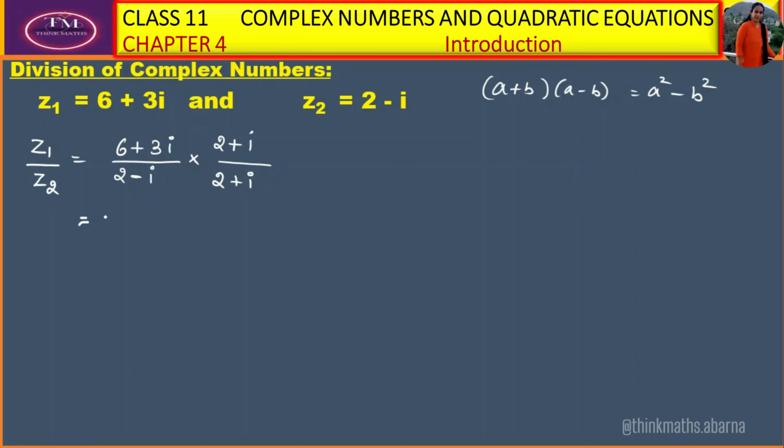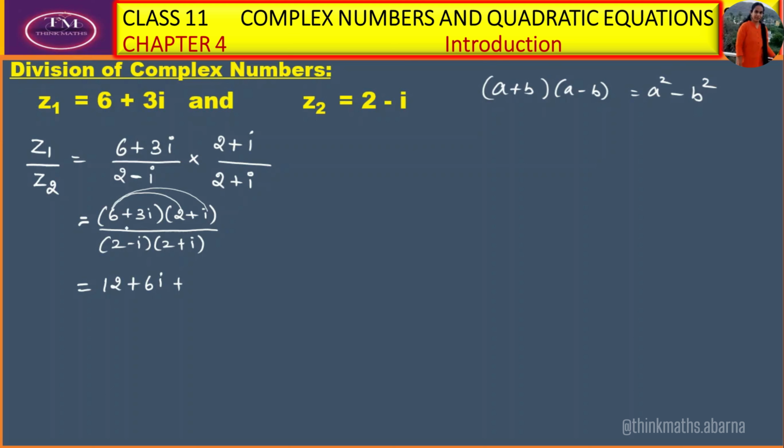First we multiply the numerator: 6 into 2 is 12, plus 6 into i is 6i.